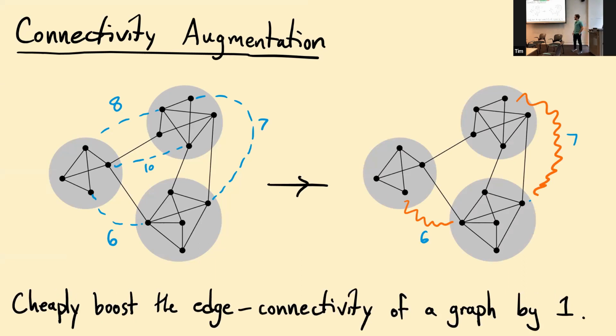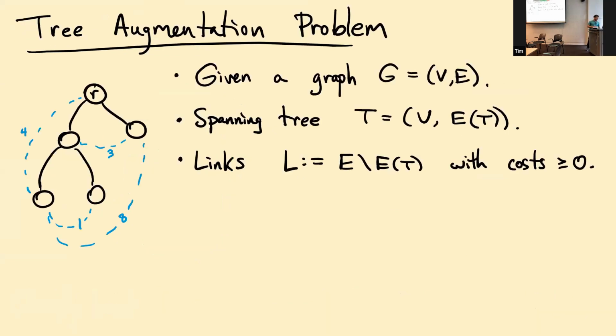So the goal in connectivity augmentation is to cheaply boost the edge connectivity of a given graph by 1. That's connectivity augmentation generally. I'd like to focus on a seemingly very special case of that, where the original graph you're trying to augment is actually a tree.